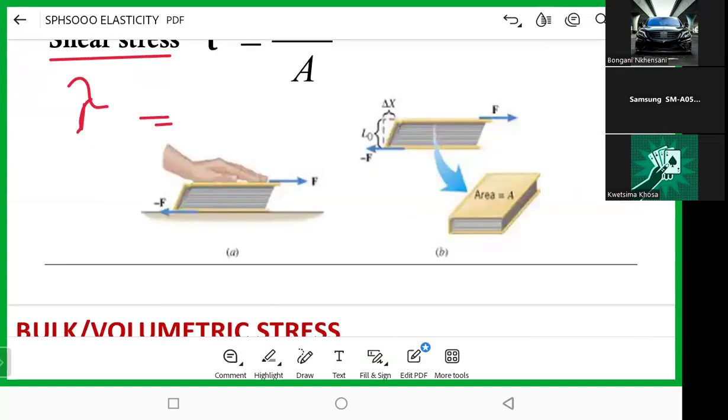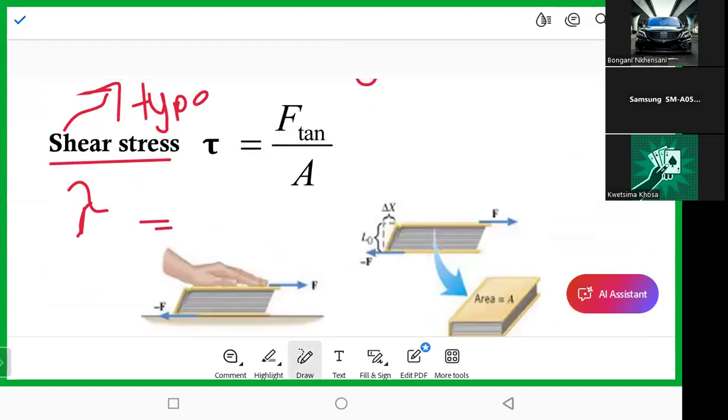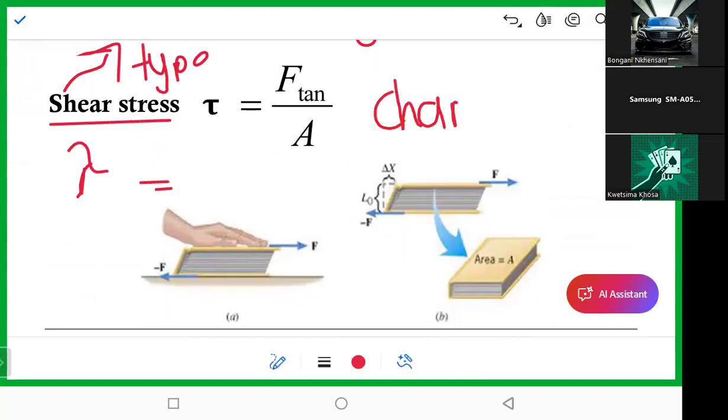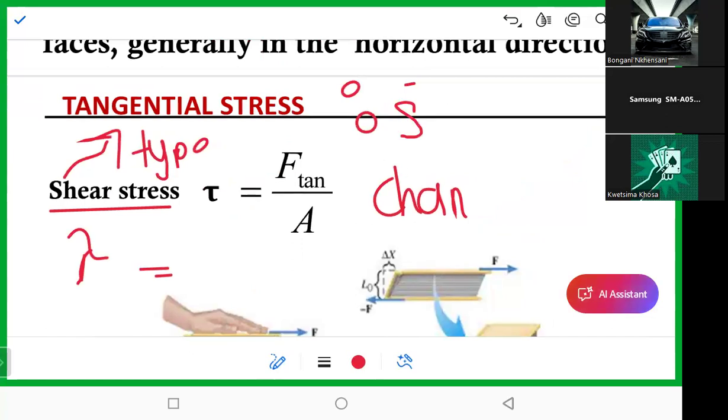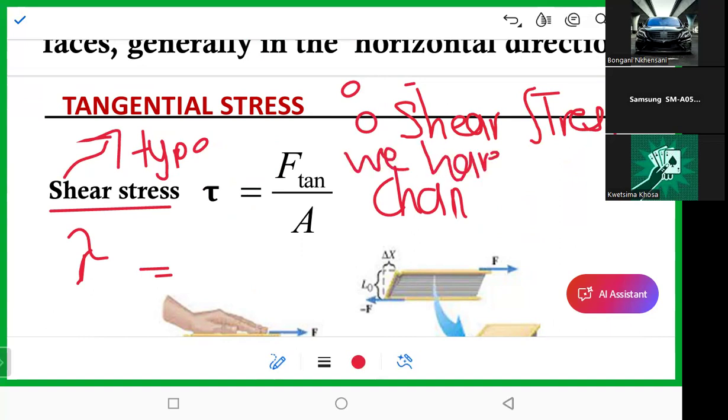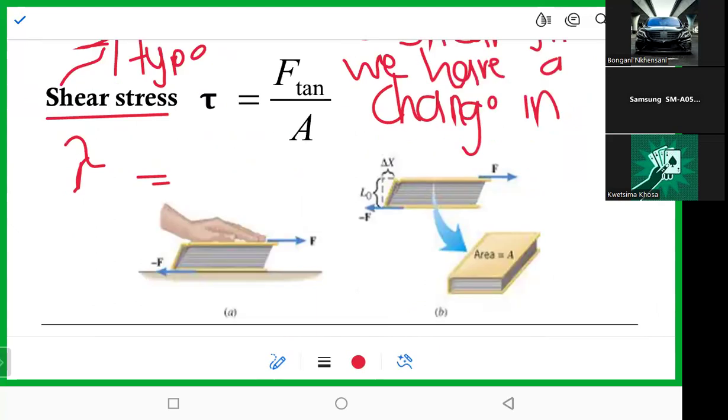And then shear stress, here we have a change in what? For shear stress, we have a change in the area. We're talking about the change in the area of the object.